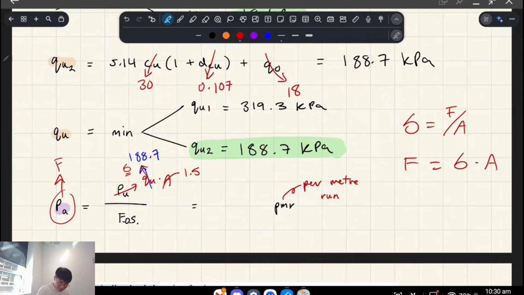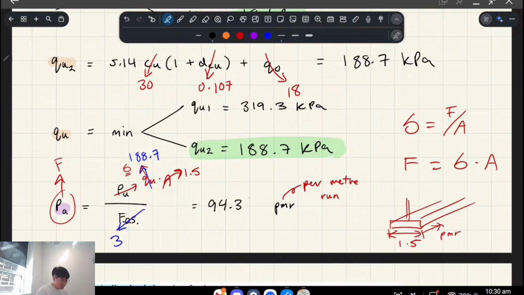So it's 1.5 because for our strip footing, our width was 1.5, and we're going into the page indefinitely, right? So what we're gonna say is per meter run, okay? So it's just 1.5 times 1, like per 1 meter run. Okay, and factor of safety was 3. So when you plug all these things in, it gives you a max allowable force of 94.3 kilonewtons per meter run. Okay, does that make sense? So that's how we calculate how much load that's allowed into the walls, basically, for this strip footing. Right.